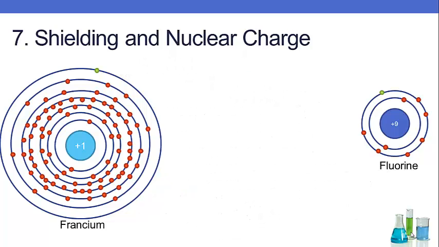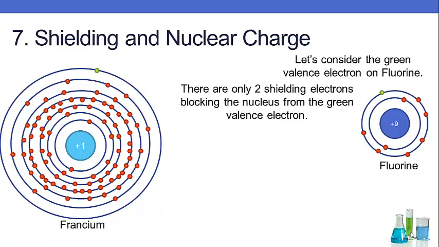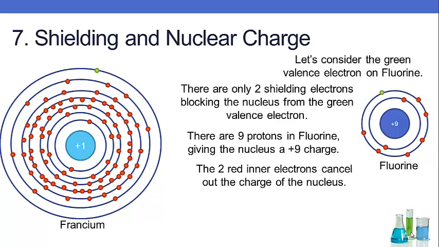Now let's consider the green electron on fluorine. This is in the second energy level, so the only shielding electrons are the 2 that are in that first energy level. So there's only 2 shielding electrons blocking the nucleus from the green valence electron. Fluorine has 9 protons, giving the nucleus a plus 9 charge.